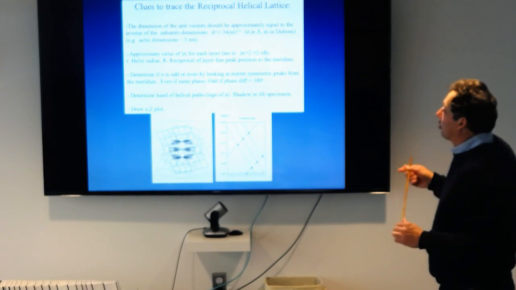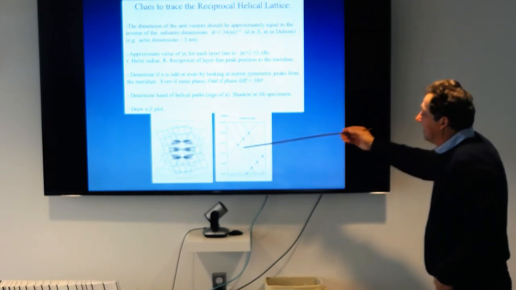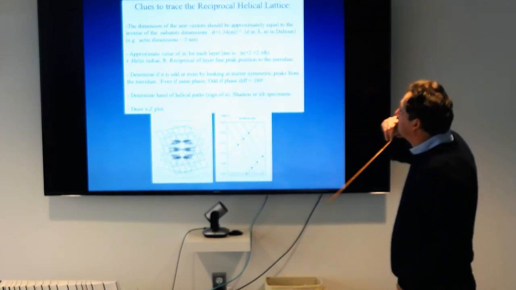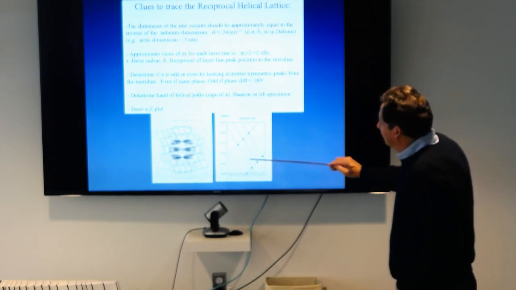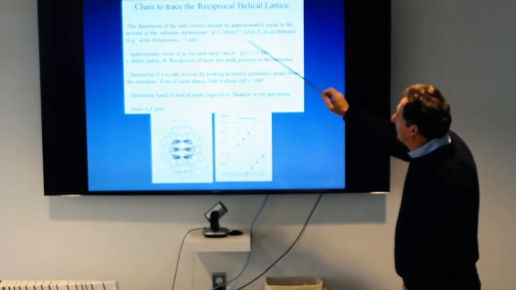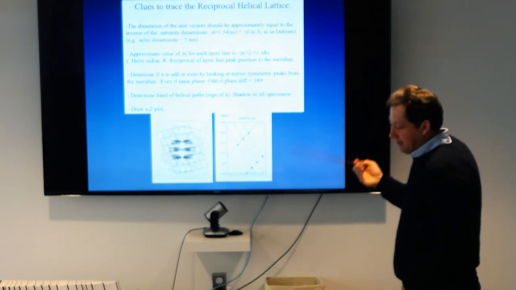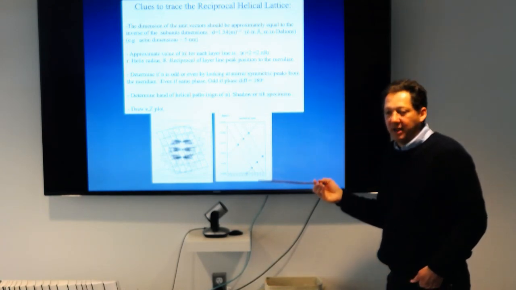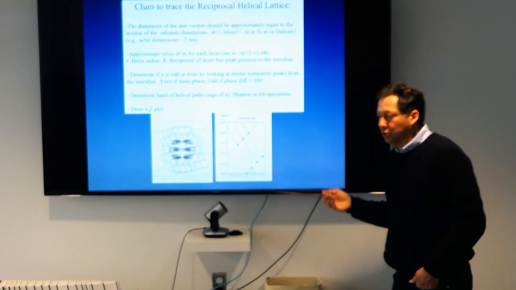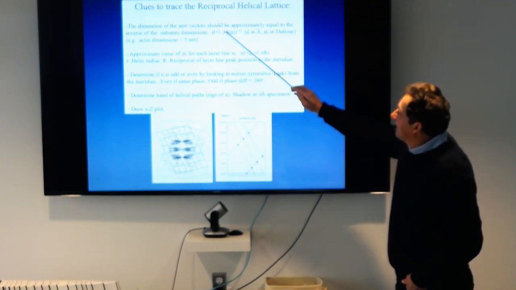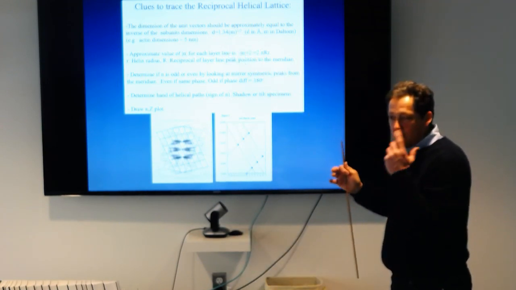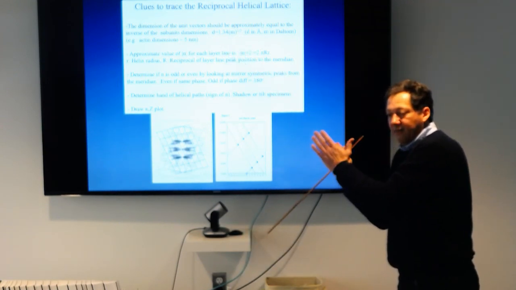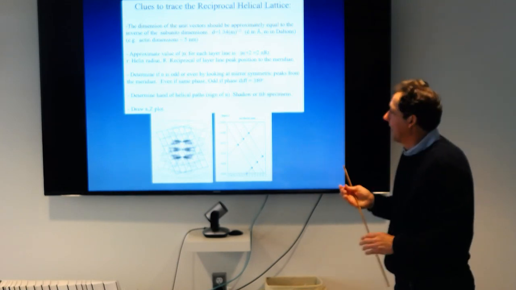Some things are important to start assigning Bessel order. When you do the unit vectors, if you know the size of the subunit, the dimension of the unit should be approximately equal to the inverse subunit dimension of the main vectors of your reciprocal lattice.